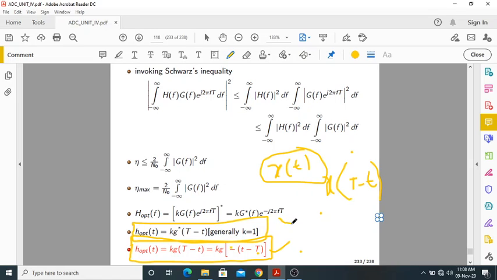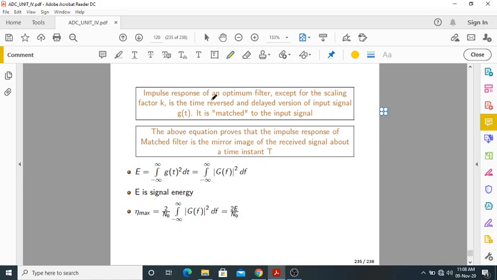The impulse response of the filter is the time reversed and delayed version of the input signal, g of t.